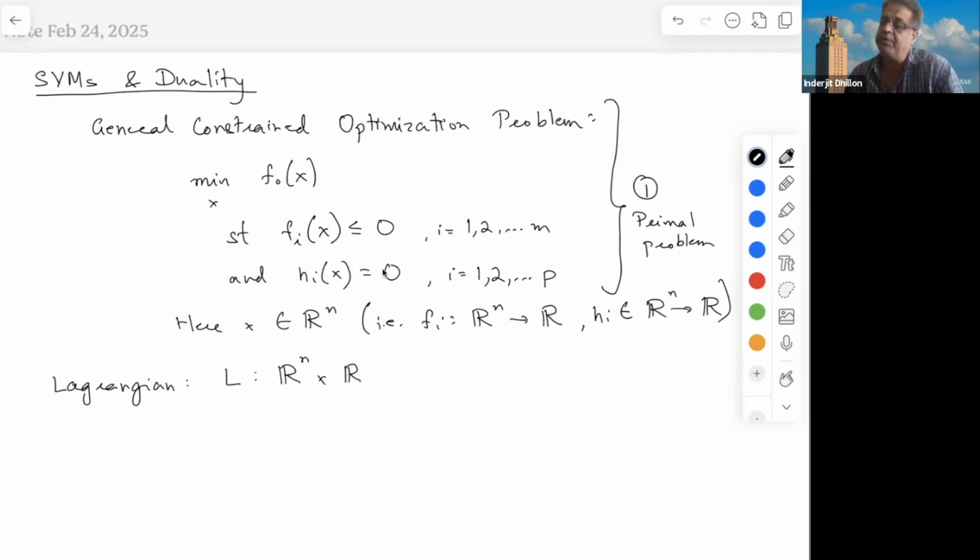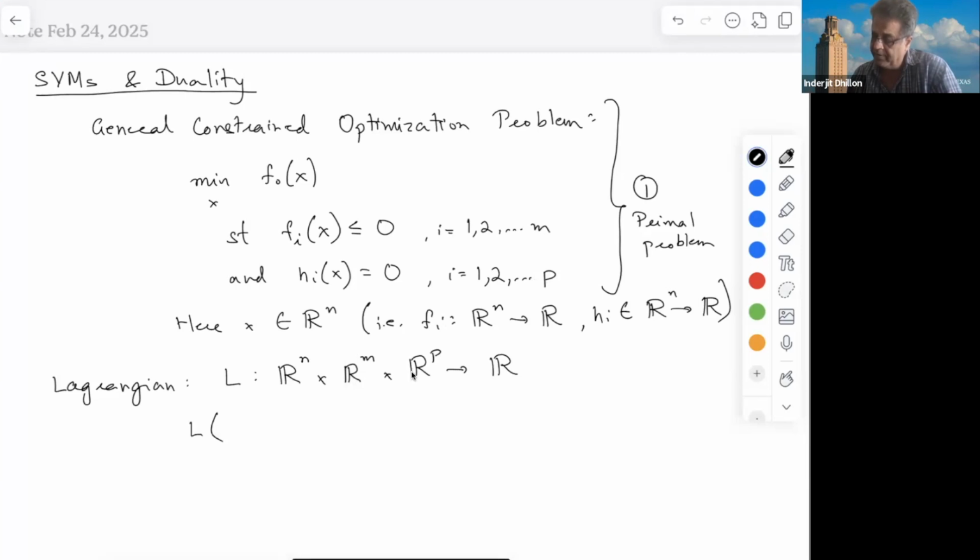We have a Lagrange multiplier for every inequality constraint and every equality constraint. There are m inequality constraints, so R^m, and p equality constraints, so R^p. So this function maps R^n cross R^m cross R^p to the reals.